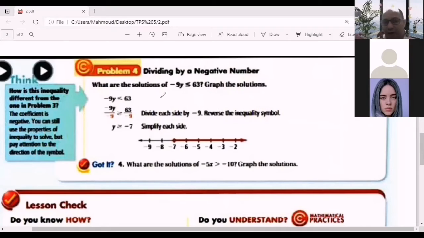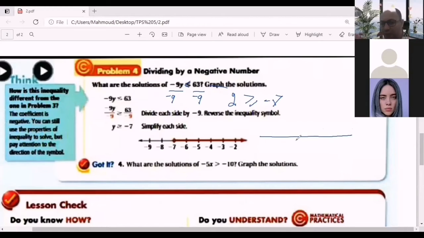Now we will flip the sign. Before we flip, we will divide all sides by what? Negative. We will write the first step: we divide all sides by -9. So for y, the sign was smaller than, so it will be greater than -7. Can you sketch this graph?